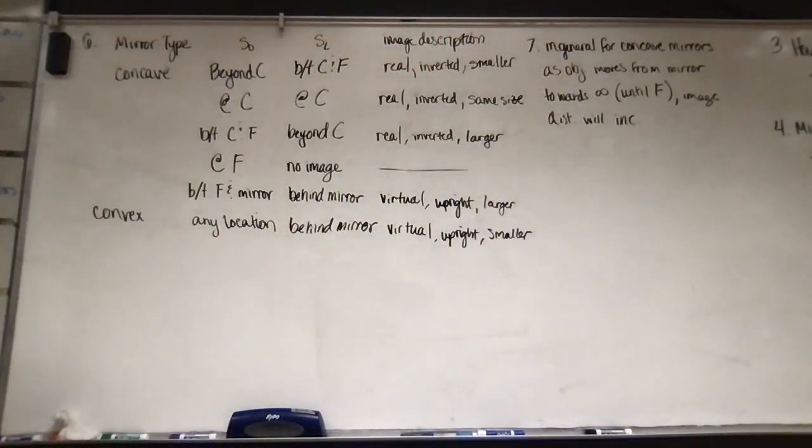So as the object gets closer to the mirror, the image moves further away until you get to the focal point.